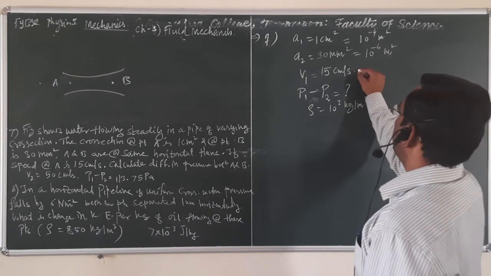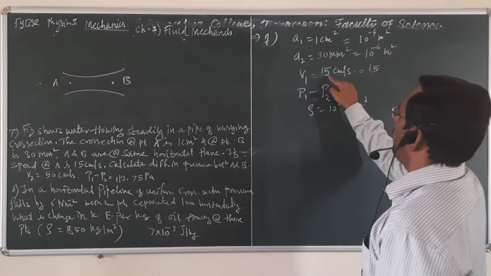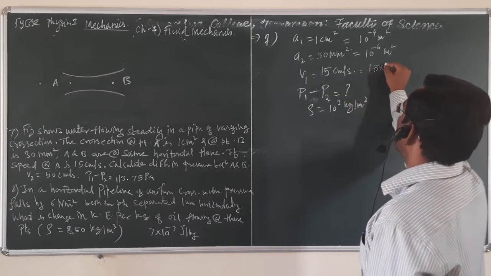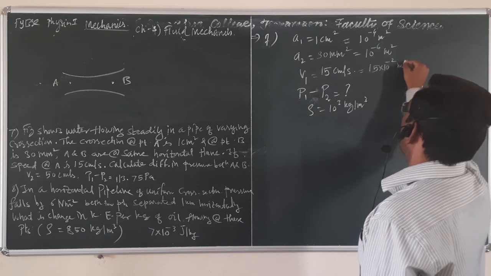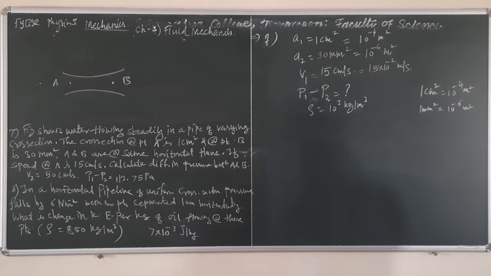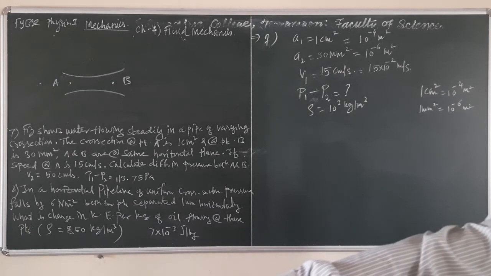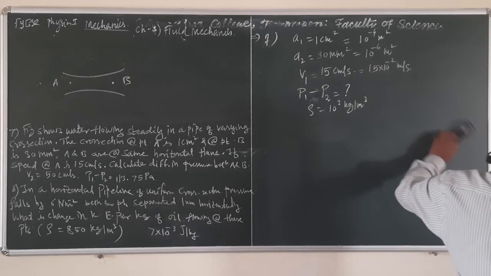Next, 15 centimeter per second, 1 centimeter is 10 raised to minus 2 meter, so 15 into 10 raised to minus 2 meter per second. So now all these quantities are in MKS unit. Here, using Bernoulli's equation.